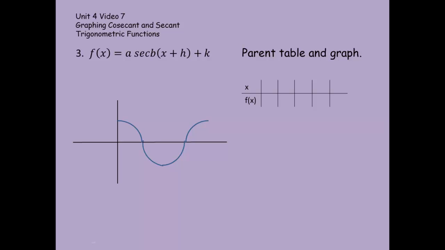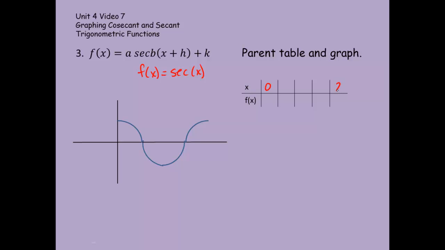So once again, I'm giving you the entire secant function with all of the changes, but we're going to start by doing the parent function here, which is just the secant of x. Secant is similar to cosecant because it's a reciprocal function, but it's the reciprocal of cosine, which has a period of 2 pi.